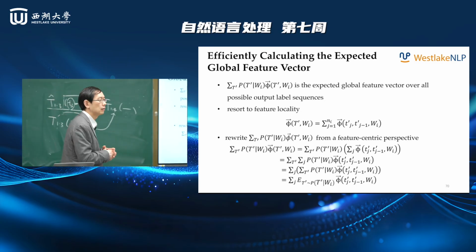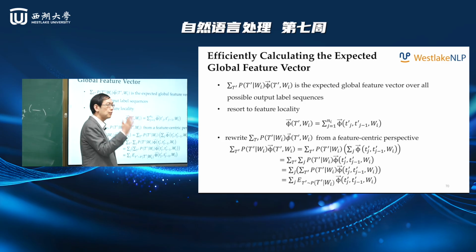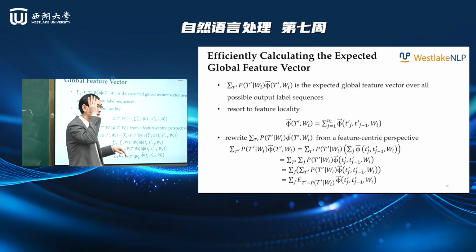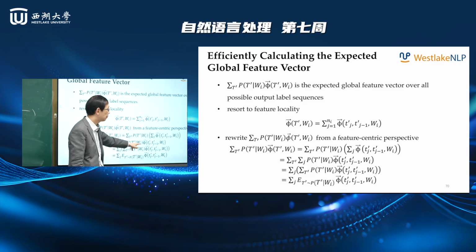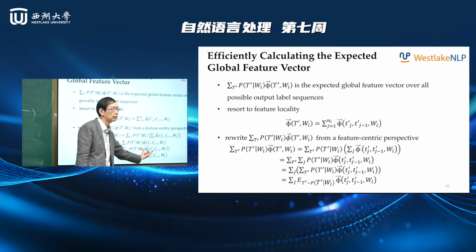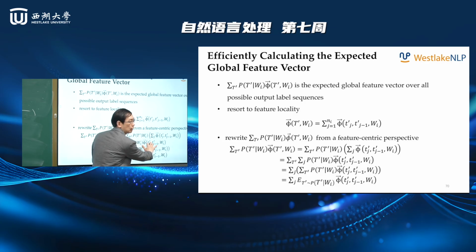Again, just summing up all the global feature vectors is exponential. But mind that every global vector is the sum of local vectors, okay? So we can replace the global feature vector with the sum of local vectors. So the sum over all possible outputs, the sum over all locations, the local vector, right? Commutativity: swap the two sums. Sum over all locations, the sum over all global sequences, the feature.